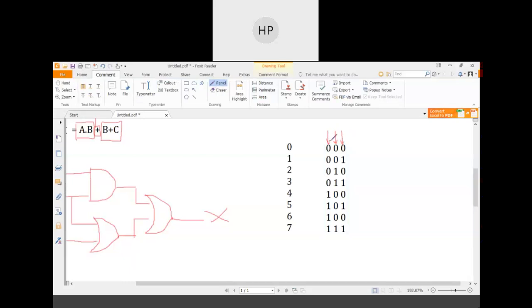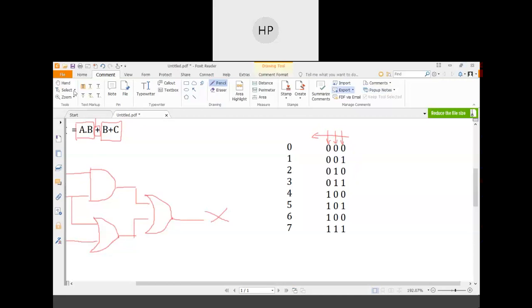You understand? So what you need to do is work your way from right to left.